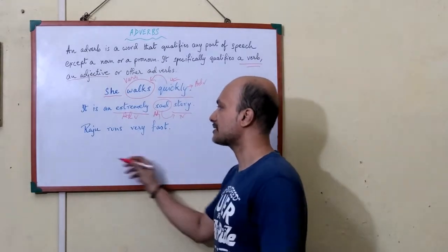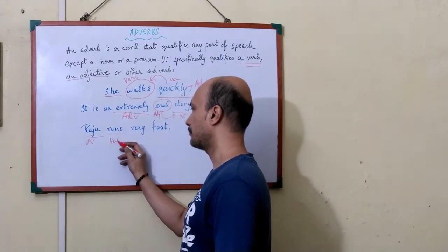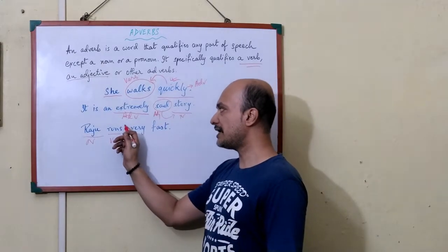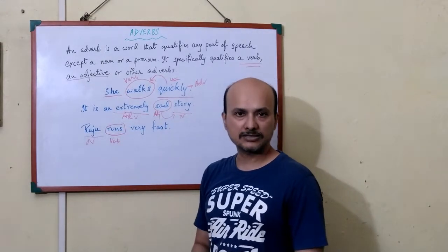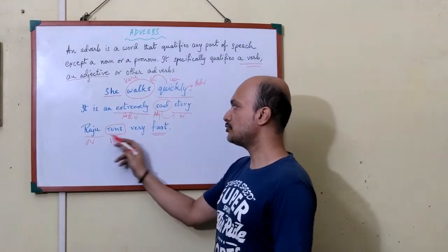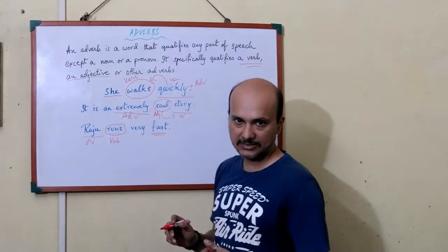Raju runs very fast. Now Raju is a noun, you know that. Runs is the verb. Now, which word says something about the word runs? Of course, this word, fast. Raju runs. How does he run? He runs fast.